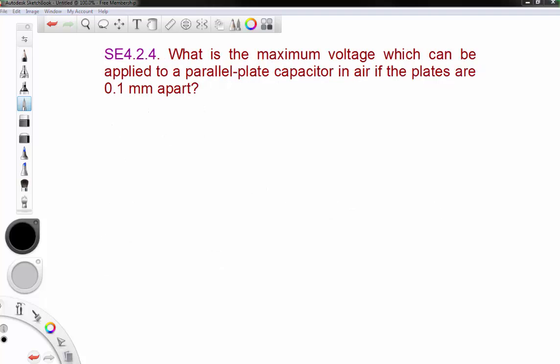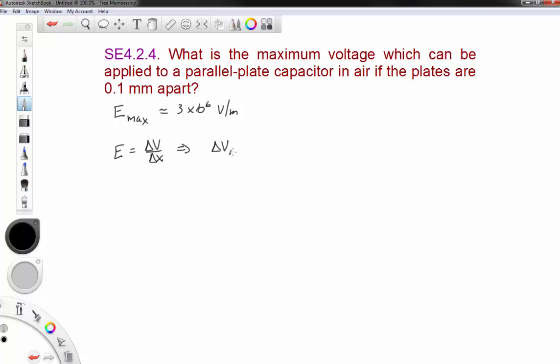Okay, last short example is, how much voltage can we actually put across this capacitor if the plates are rather far apart, say 0.1 millimeter apart? Well, basically you use the same general equations. Again, E max for air, 3 times 10 to the 6th volts per meter. Now we use E is delta V over delta X, and now we're trying to solve for a V max.